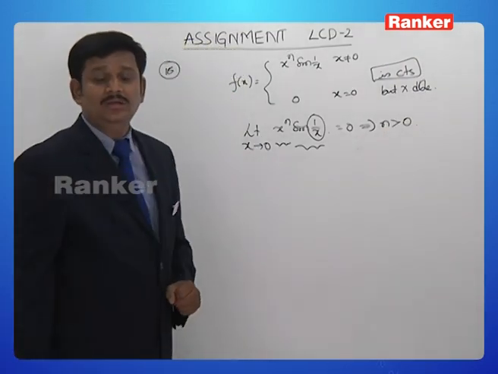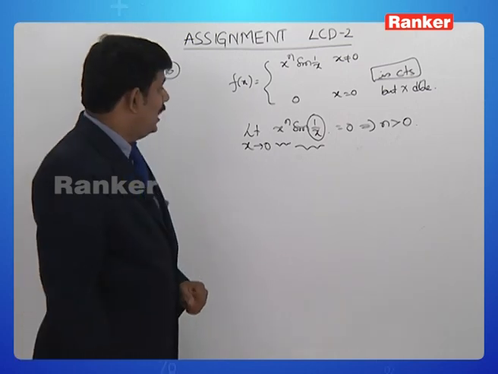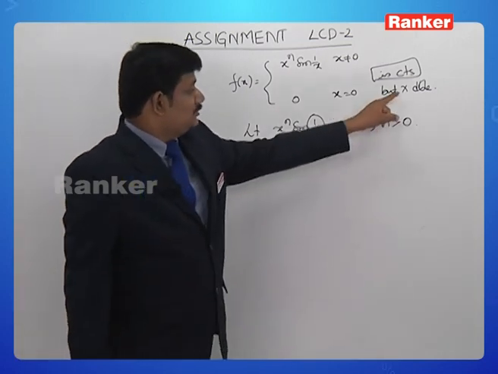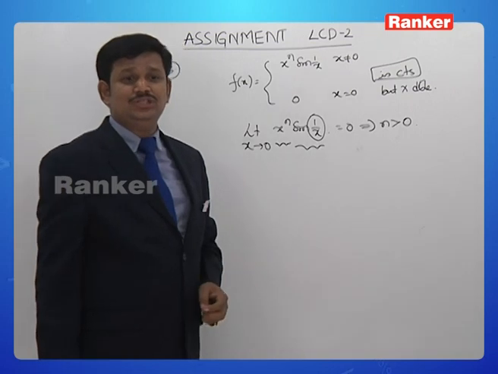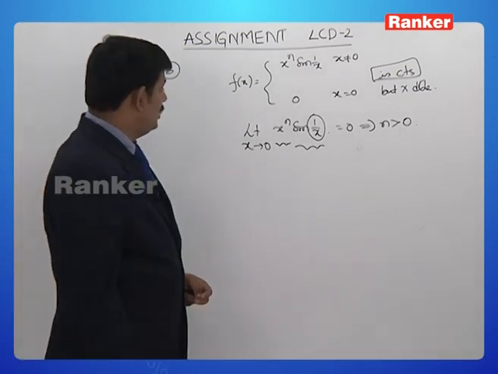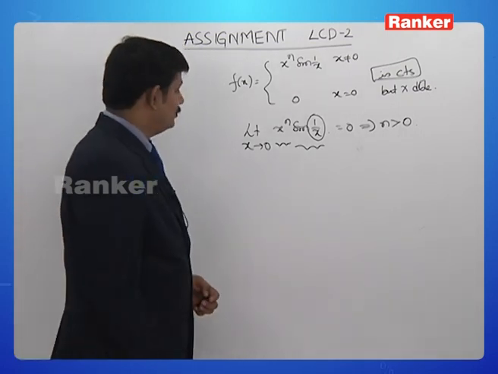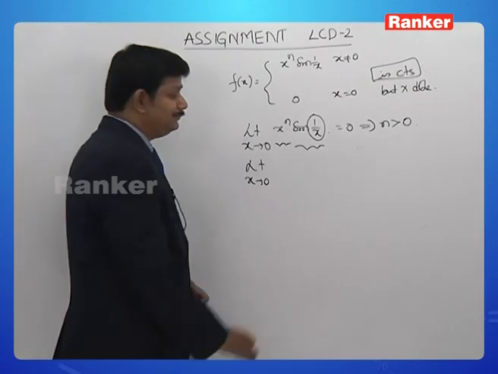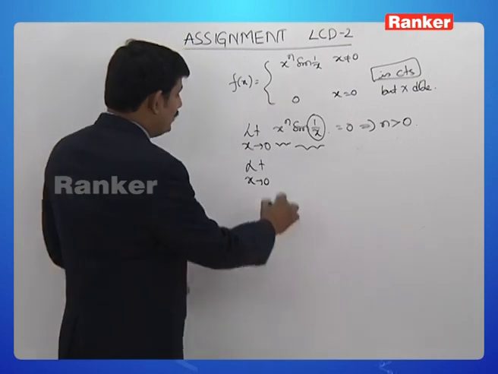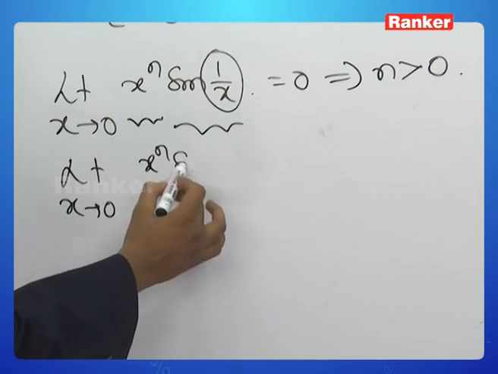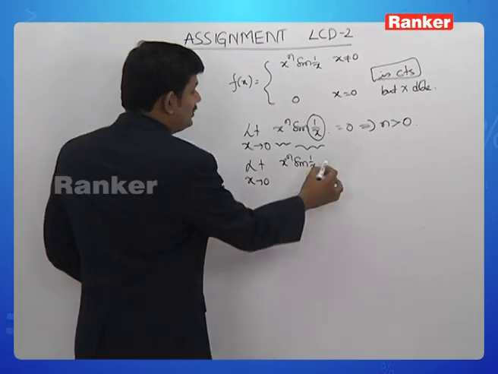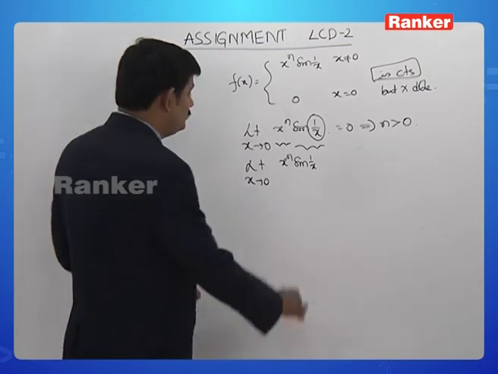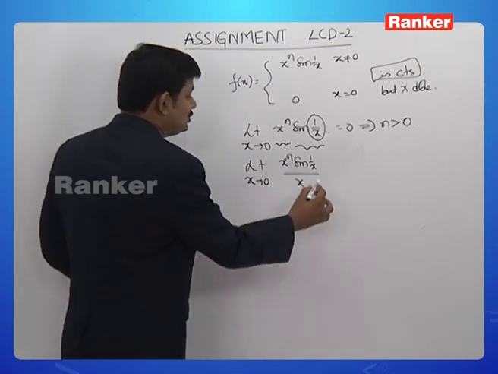n should be greater than 0, and the function is also non-differentiable at 0. For that, the limit as x tends to 0 of f of x minus f of 0, which is 0, divided by x minus 0.